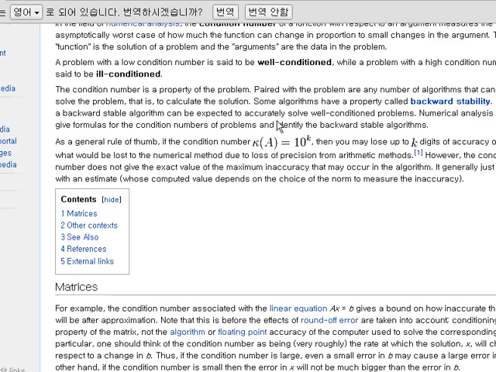For example, if the condition number of A is equal to 10 to the kth power, then you may lose up to k digits of accuracy on top of what would be lost to the numerical method due to the loss of precision from arithmetic.